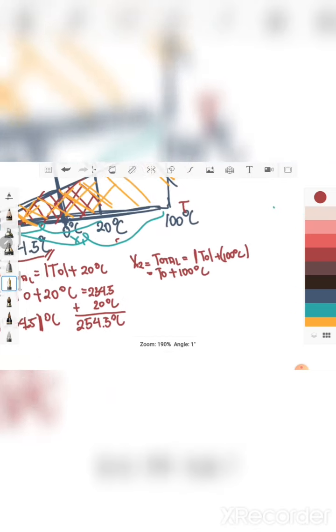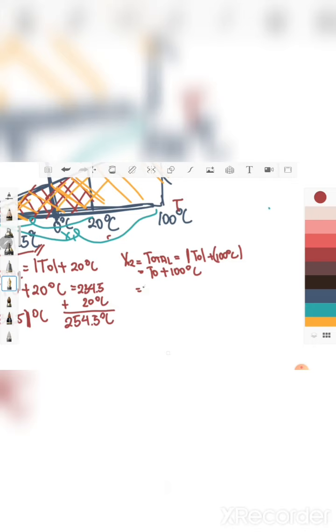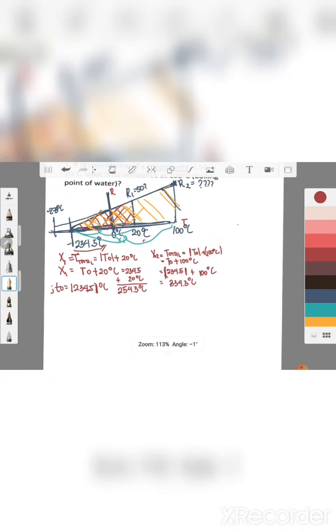That is our x1, and our x2 is probably equal to 234.5 degrees Celsius, absolute value, plus 100 degrees Celsius, which is equal to 334.5 degrees Celsius. Okay, so using our similar triangle, this will be our theta.